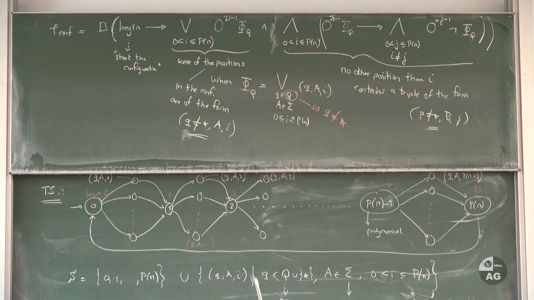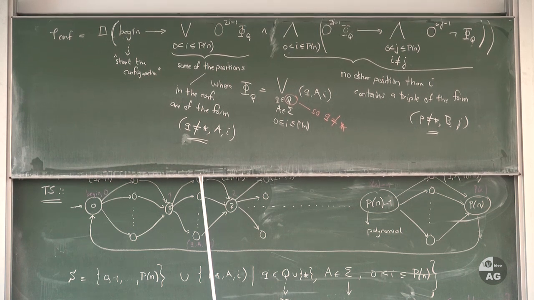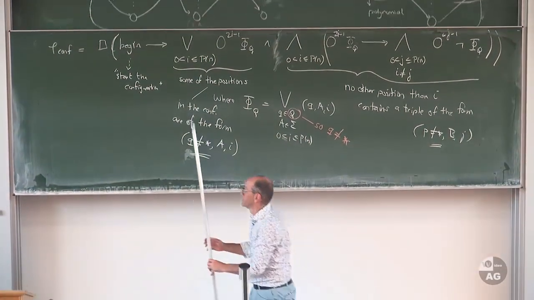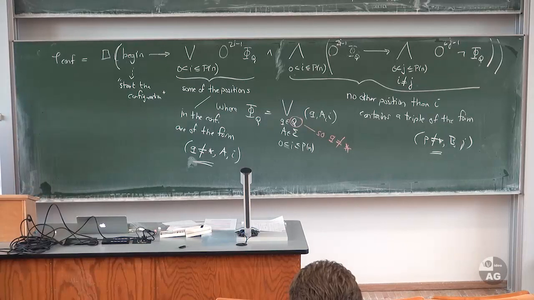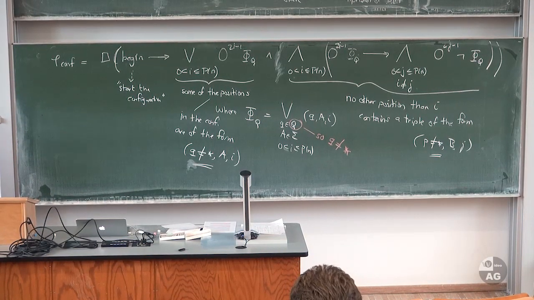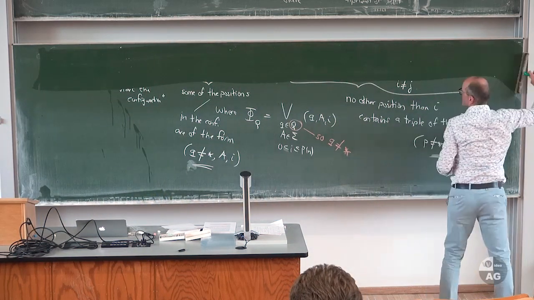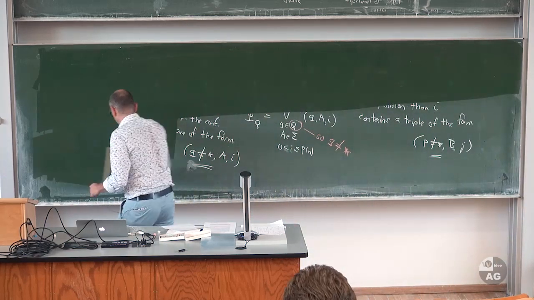I'm just giving one example, because you basically have to get a formula for every transition of the Turing machine. So I'm going to give you a formula for one, using exactly the same example we have seen before, such that hopefully it is clear, intuitively at least, what we are doing.